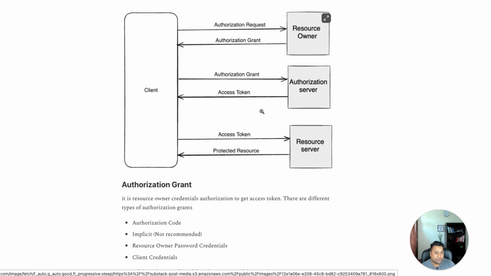Now this is the access token. If you want to access any API, you can use this access token. The client will have your access token. It will now send it to the resource server, let's say the backend of your ChatGPT. The backend servers will call the API along with the access token.